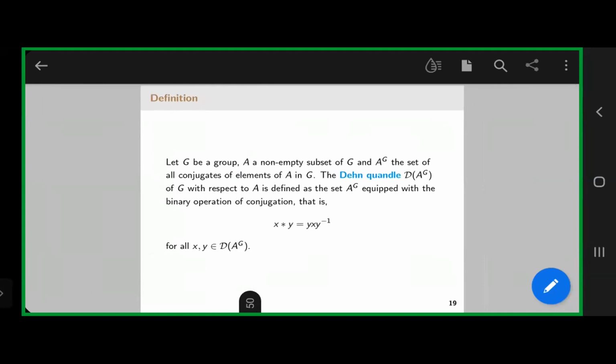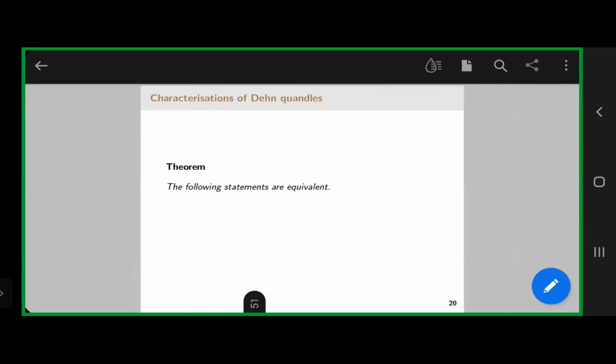So conjugation already satisfies the quandle axioms. This forms a quandle, and we will denote it D(A,G), the Dehn quandle of group G corresponding to subset A. This is motivated by two different constructions, actually the free quandle and the Dehn quandle of surfaces. How, I will define in just a second.